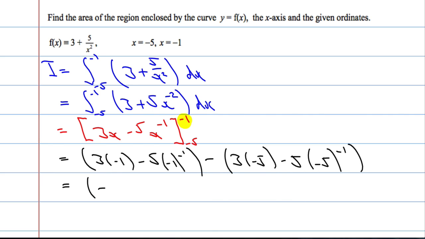3 times -1, -3. -1 to the power -1 is the same as -1. -5 times -1 is +5. I need to subtract 3 times -5, -15. -5 to the power -1 is -1 over 5, and -5 times -1 over 5 is +1.